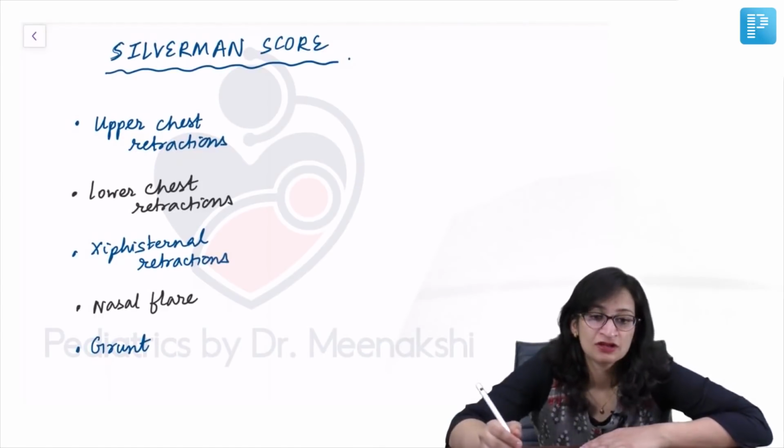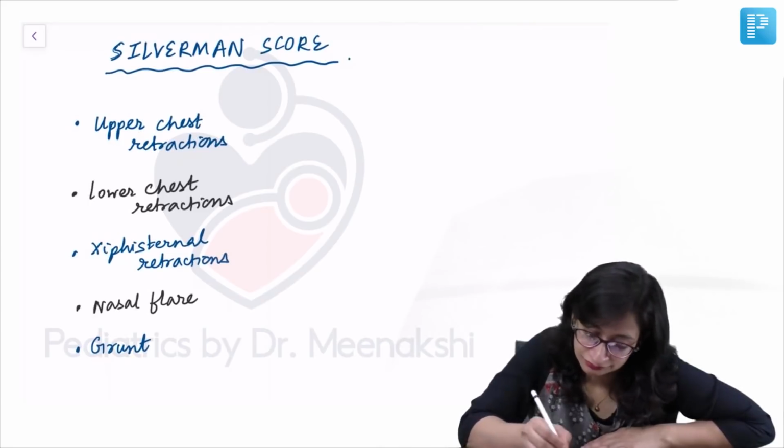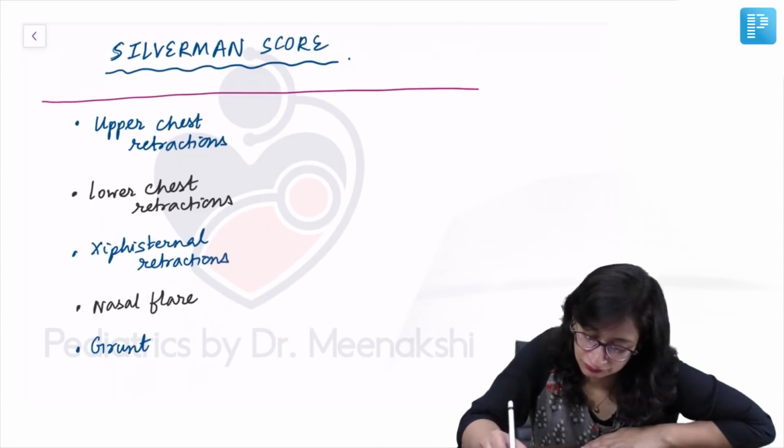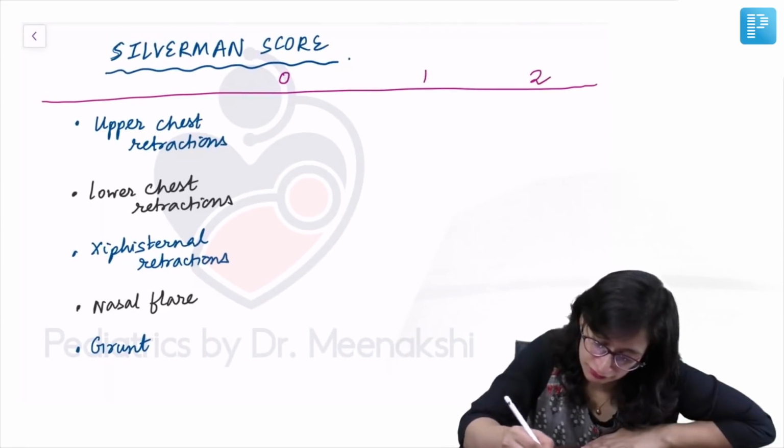Okay. So let us see how this scoring is done. Again you have a score of 0, 1 or 2.